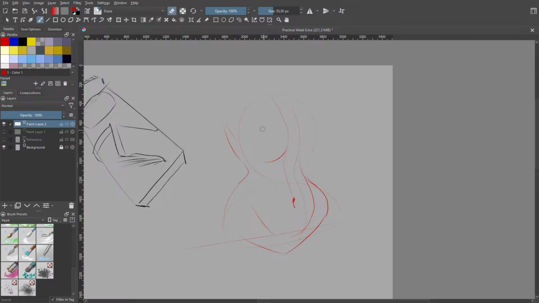But I can't... Maybe starting with the pectoralis would help. Wait. Would this help? I don't know if this helps.